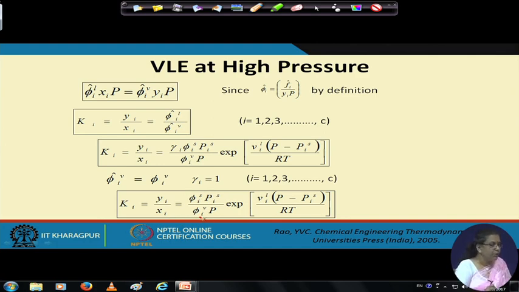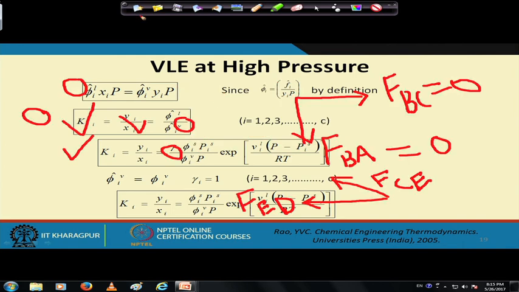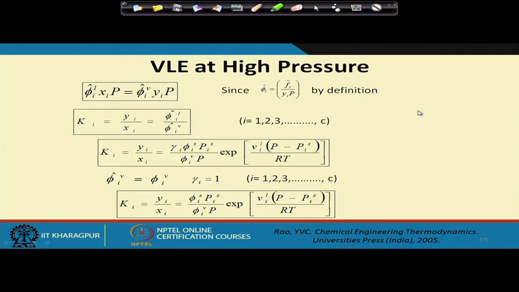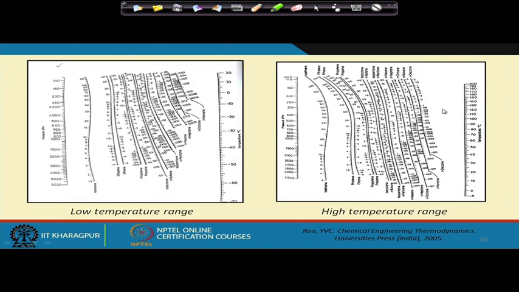Very frequently, several K plots have been suggested for hydrocarbons, and you will be in a position to find these plots.